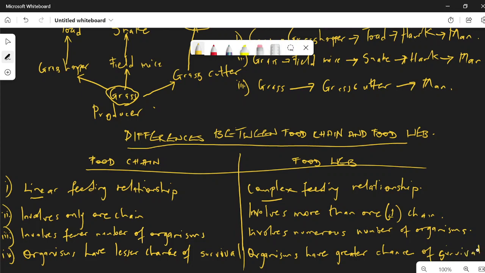So these are the major differences that we have between food web and food chain.